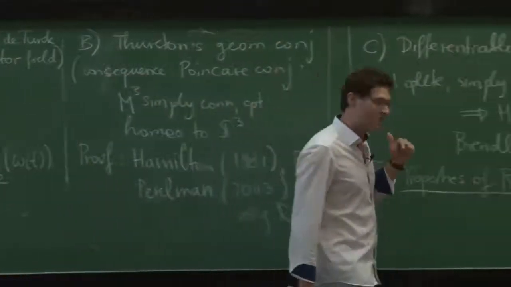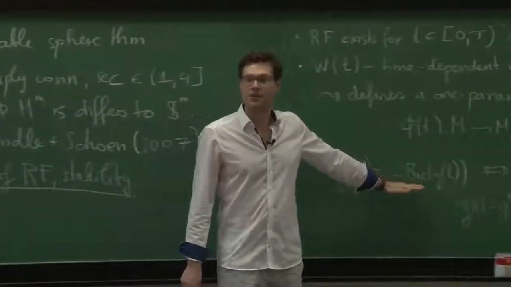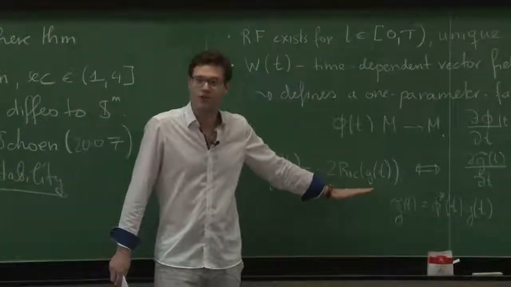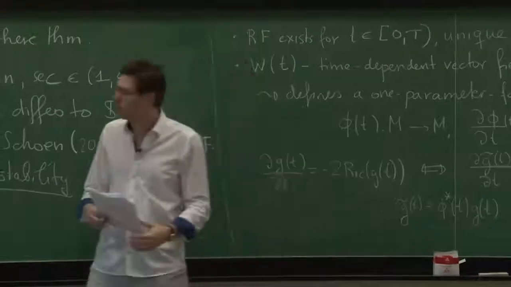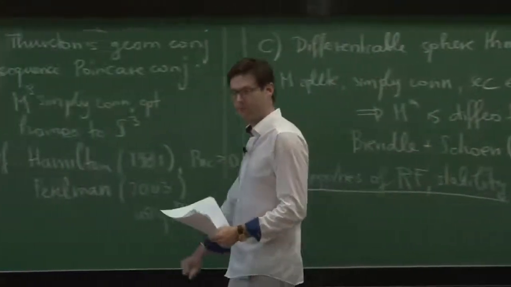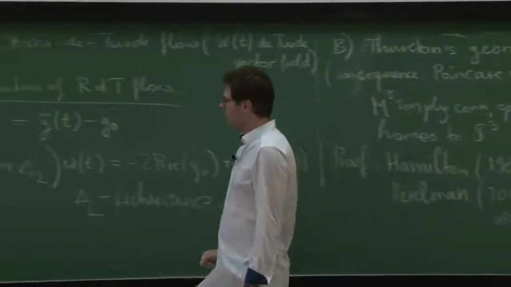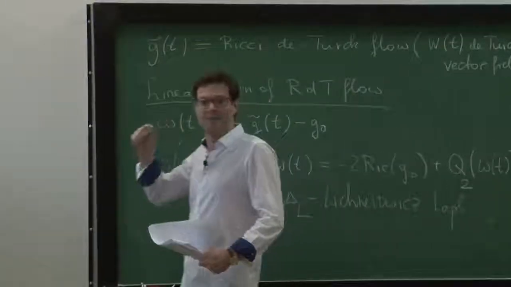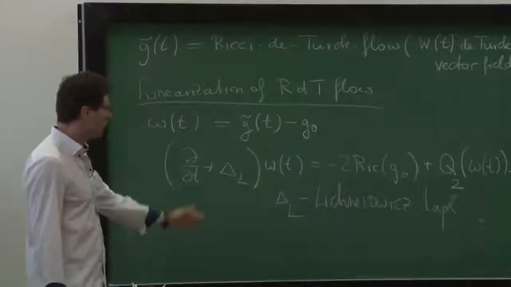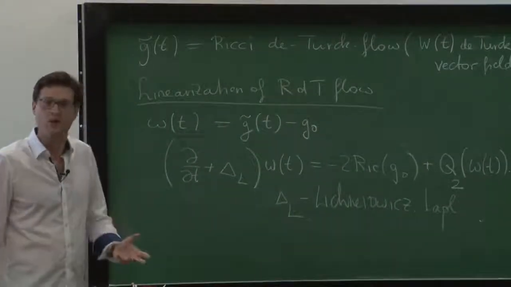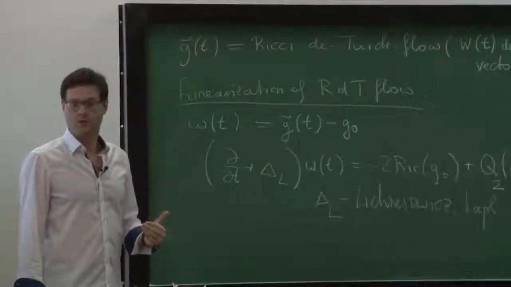The Ricci flow itself does not have that linearization. It cannot be written down in the same way. So the operator there will not be elliptic if you write it out. So this equation is kind of simpler to do analysis with.